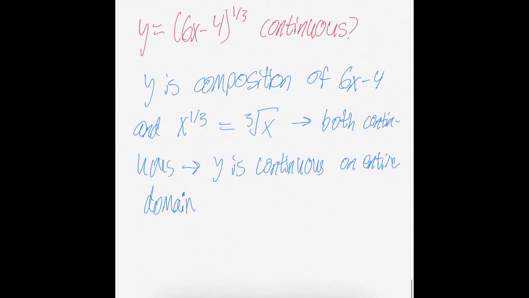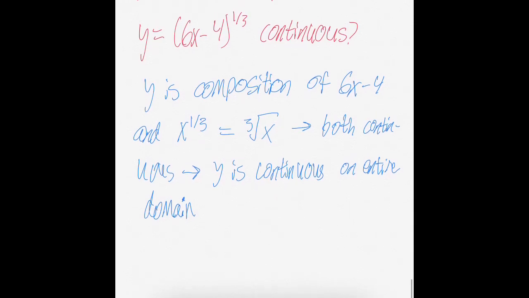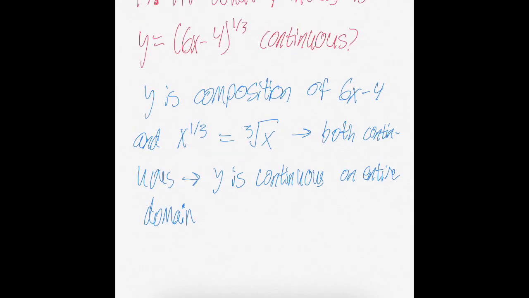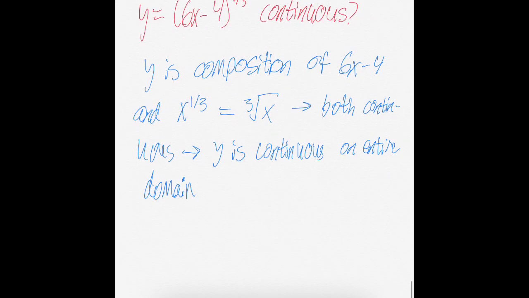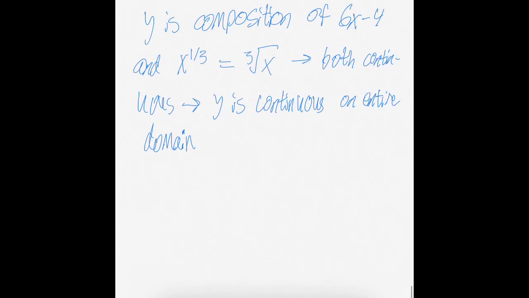So here the question is, well, for what real numbers does the cubed root of that real number exist? And the answer to that question is all of them, right? So x to the 1/3 exists for all real x.